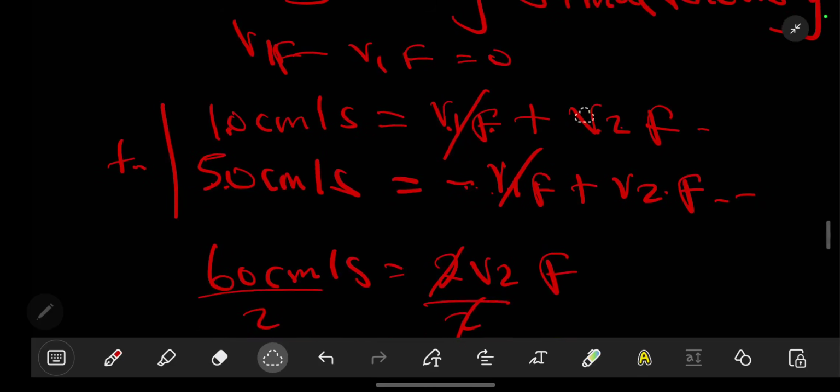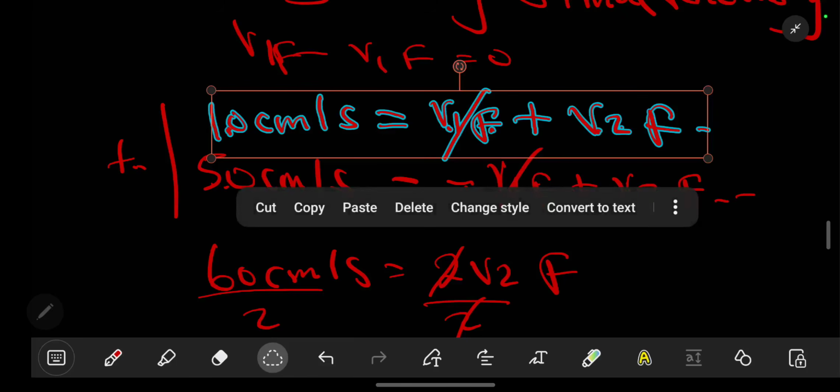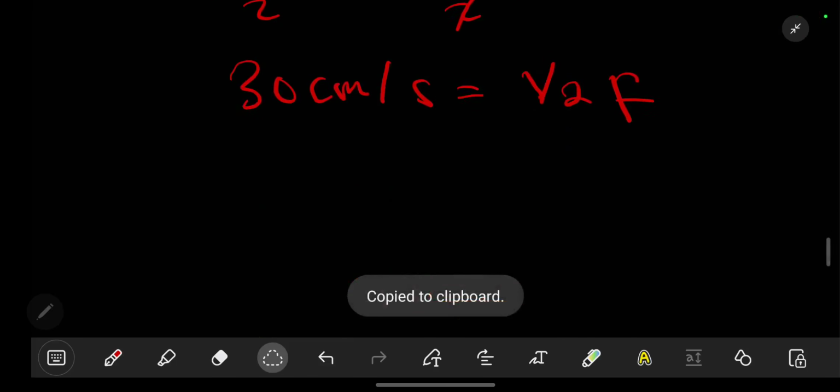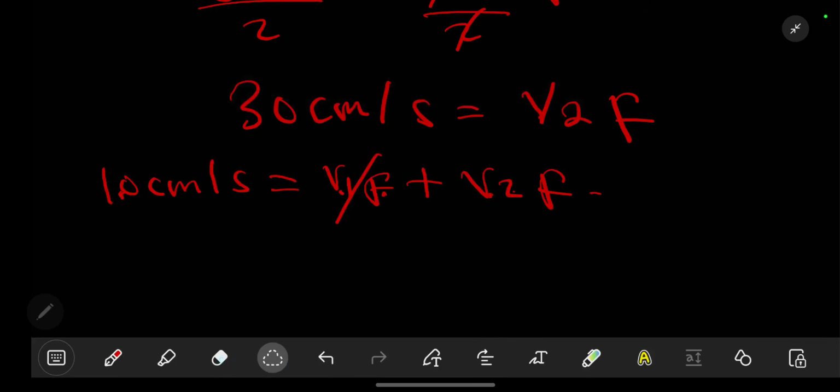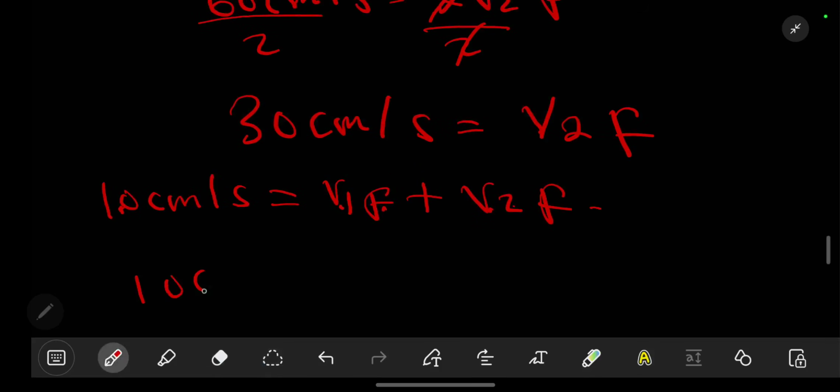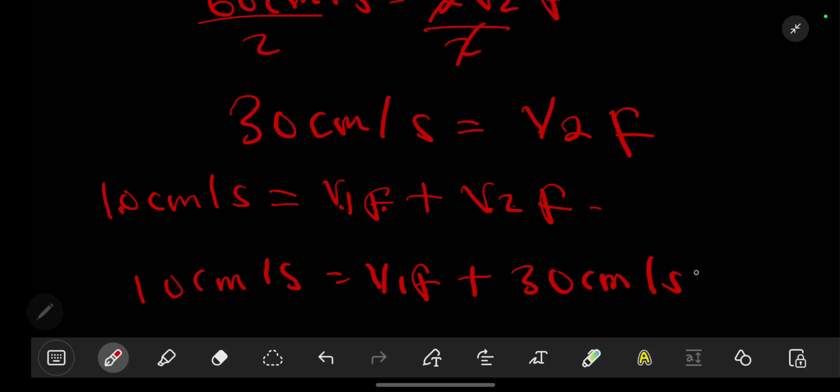If we take this equation, our value will be 10 centimeters per second, which should be equal to V1 final, which we don't know, plus our V2, which we found to be 30 centimeters per second.